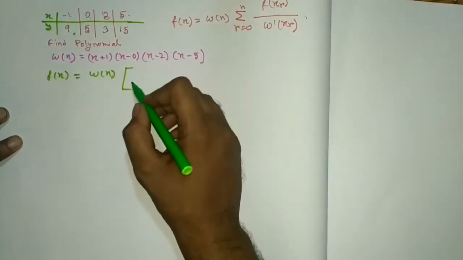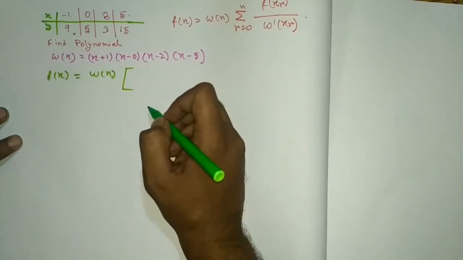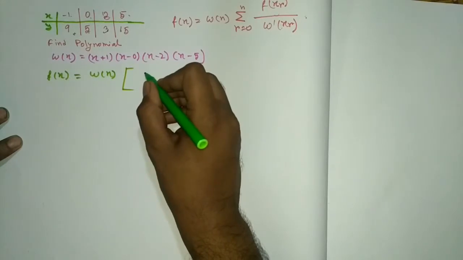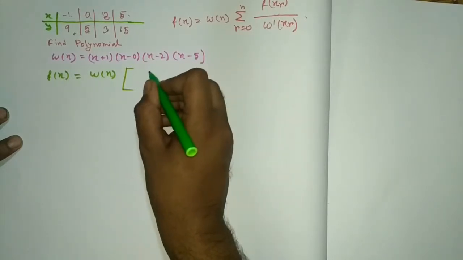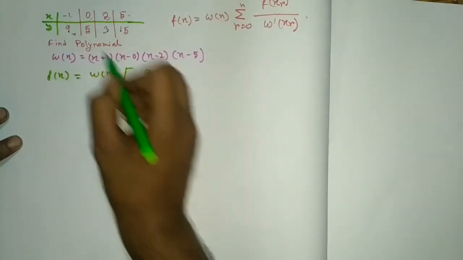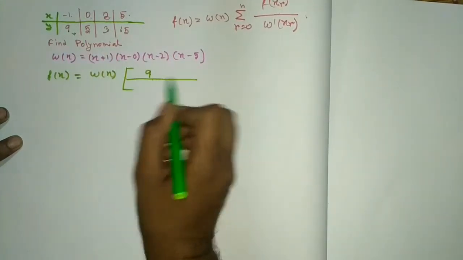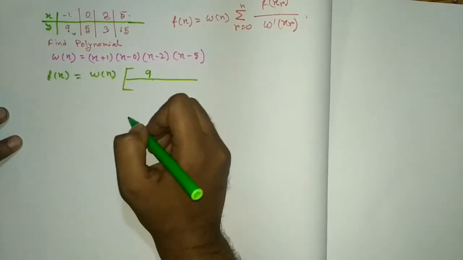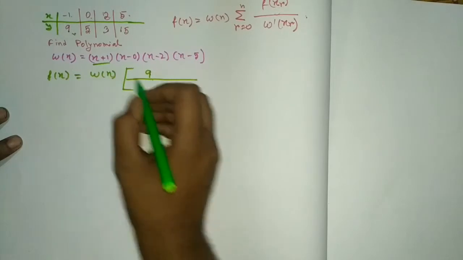Now for the first part, write down the first y value at the numerator, and in the denominator write x minus minus 1, that is x minus the first value of x.